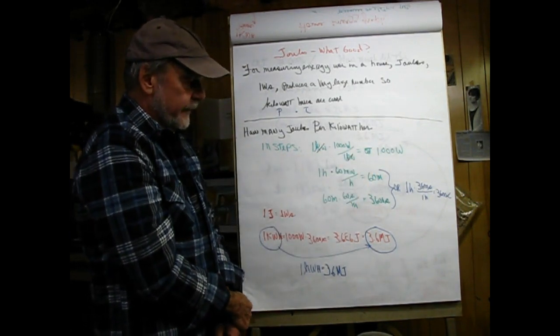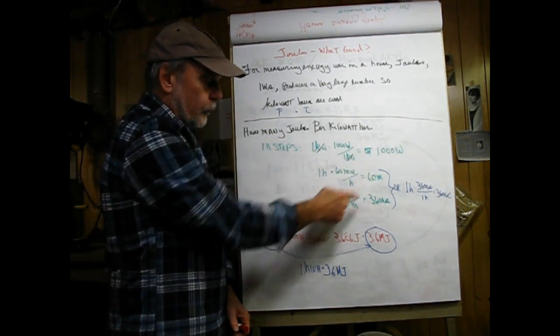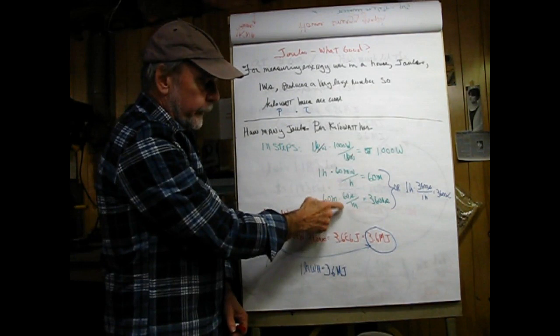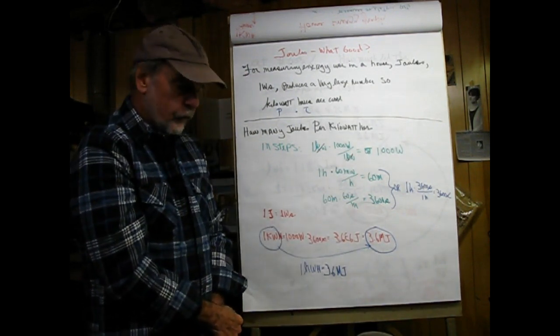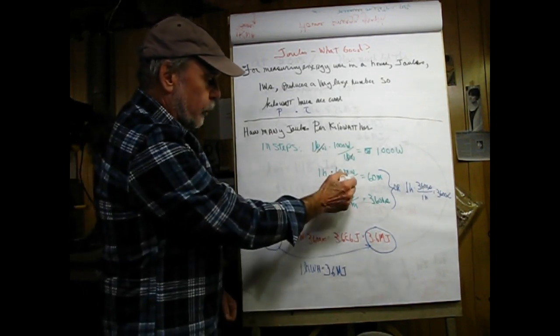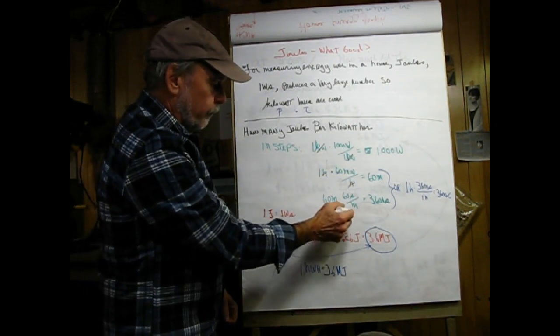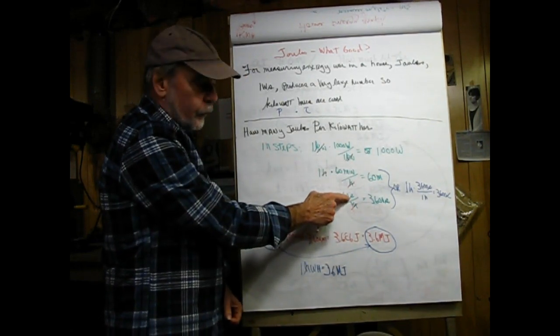Now we're going to take the time, and as we did before, we're converting 1 hour into 60 minutes, and here converting 60 minutes into 3,600 seconds. This would be getting rid of the hours unit, and this would be getting rid of the minutes unit, and the seconds here survive.